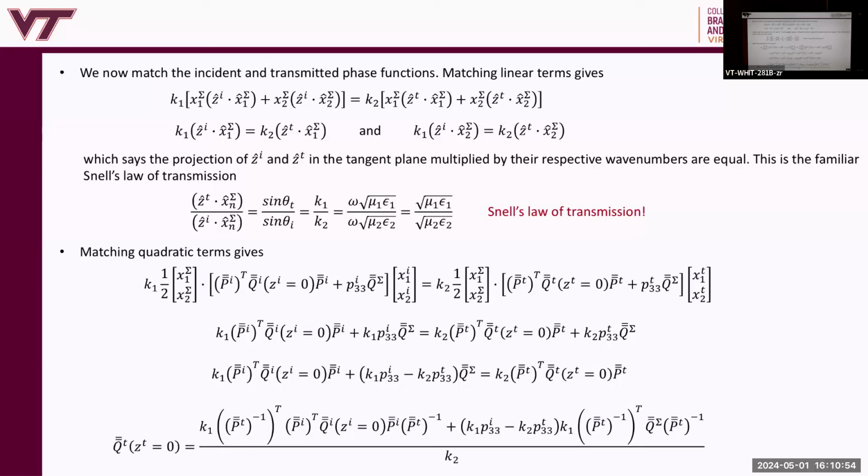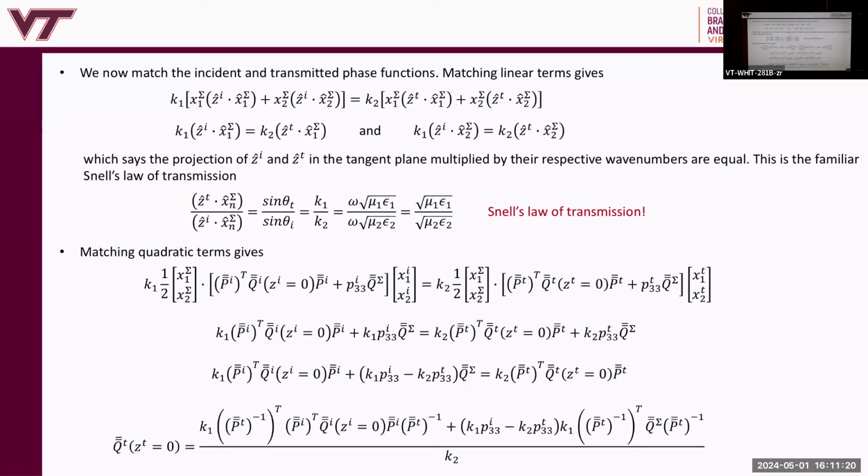So Z transmitted dotted with Xn sigma, where now n is equal to 1 or 2, is equal to sine theta transmitted divided by sine theta incident, by definition of the dot product. And that's equal to K1 over K2. You can write K1 as omega squared of mu1 epsilon1 and K2 as omega squared of mu2 epsilon2, and the omegas cancel and give you this familiar expression, Snell's law for transmission.